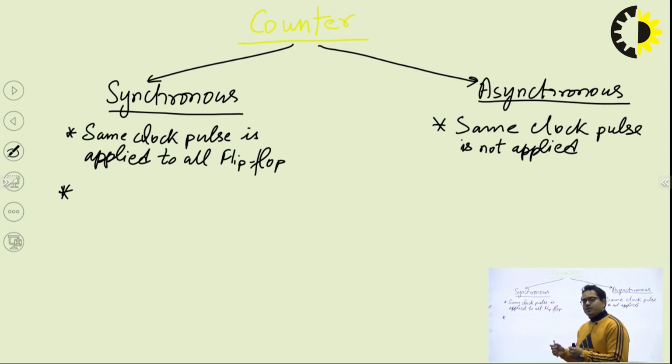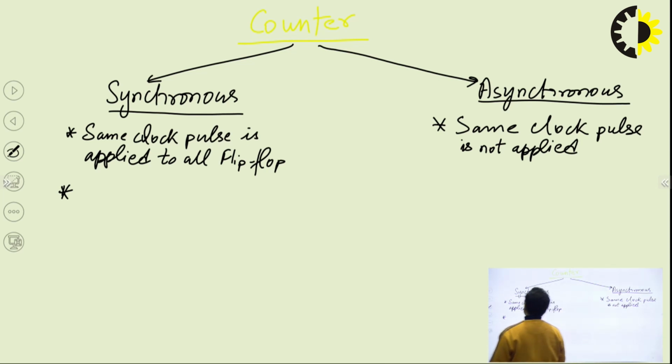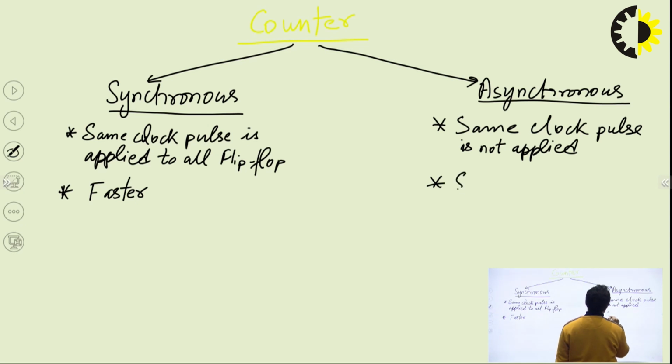It will require some time to produce the correct output. So in terms of speed, synchronous is faster, and asynchronous is slower in comparison.